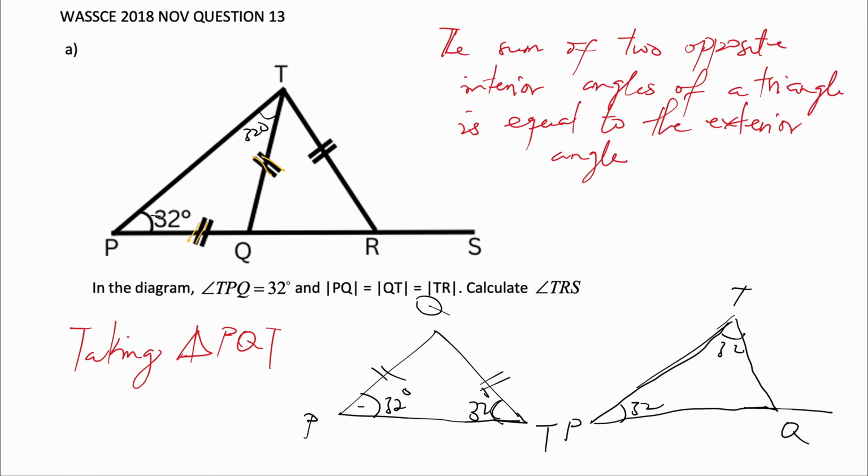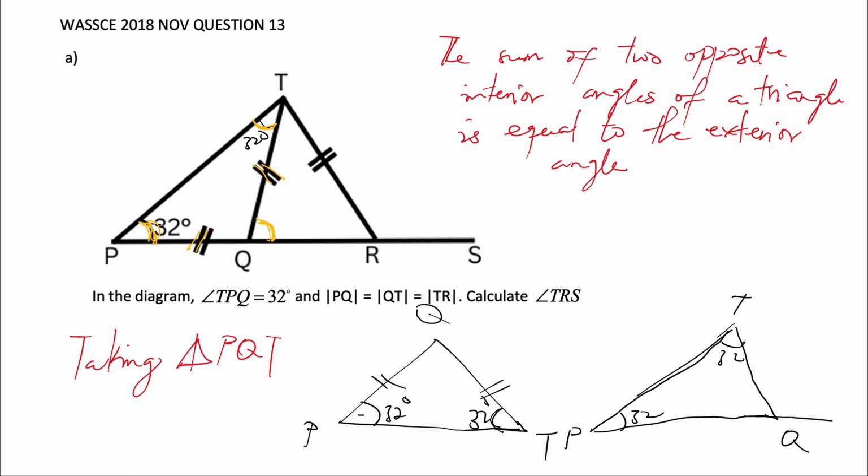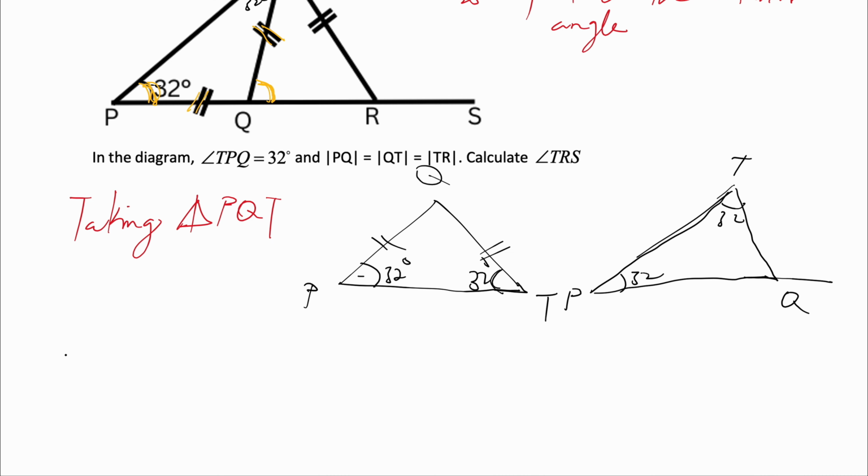What we are saying is that this angle and this angle are opposite interior angles, and the sum of these two angles is equal to the exterior angle, which is this. In that case, the angle RQT is equal to the sum of this and this. So it's equal to 32 plus 32, which is 64 degrees. So this angle is 64 degrees.